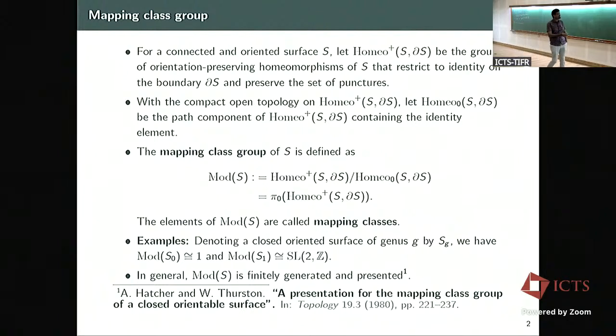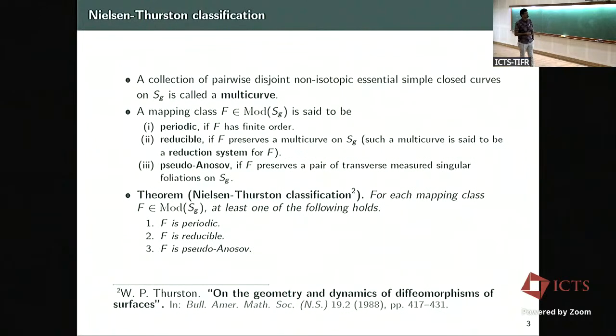And it's known that for the sphere the mapping class group is trivial, for the torus it is SL(2,Z), and so on. In general, the mapping class group is finitely generated and finitely presented. So if you have any questions, people who are not probably familiar with mapping class groups, I'll be happy to review any of these things.